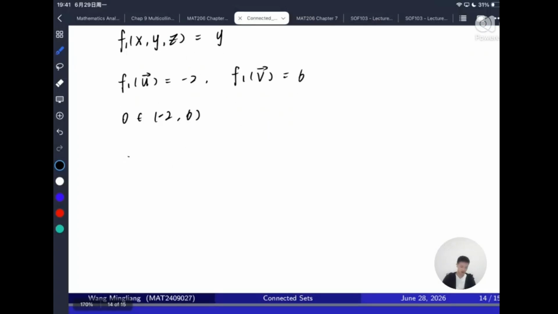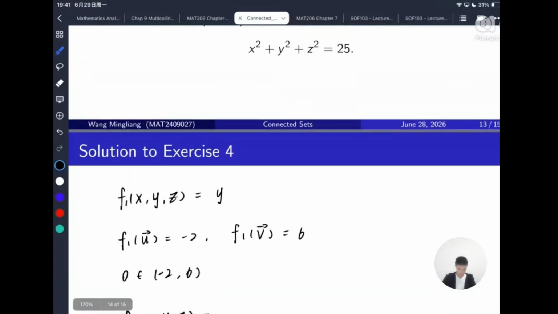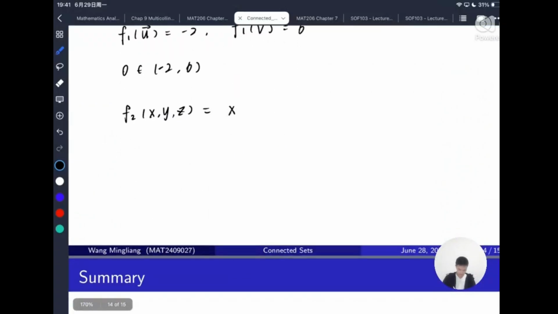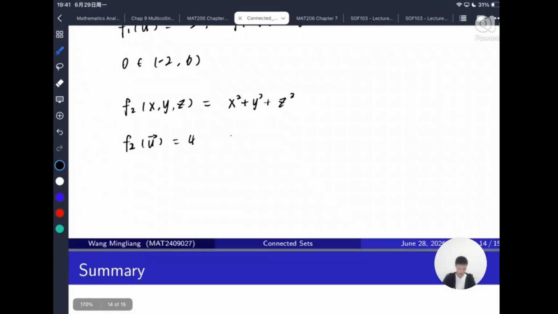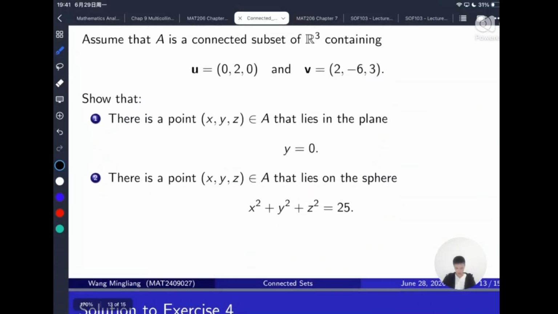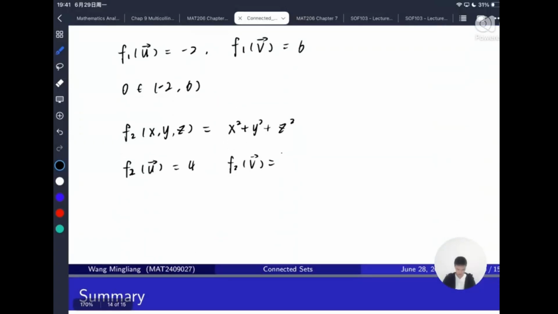And similarly, we define another function. We also find the image of 2 points, which are 4 and 49.